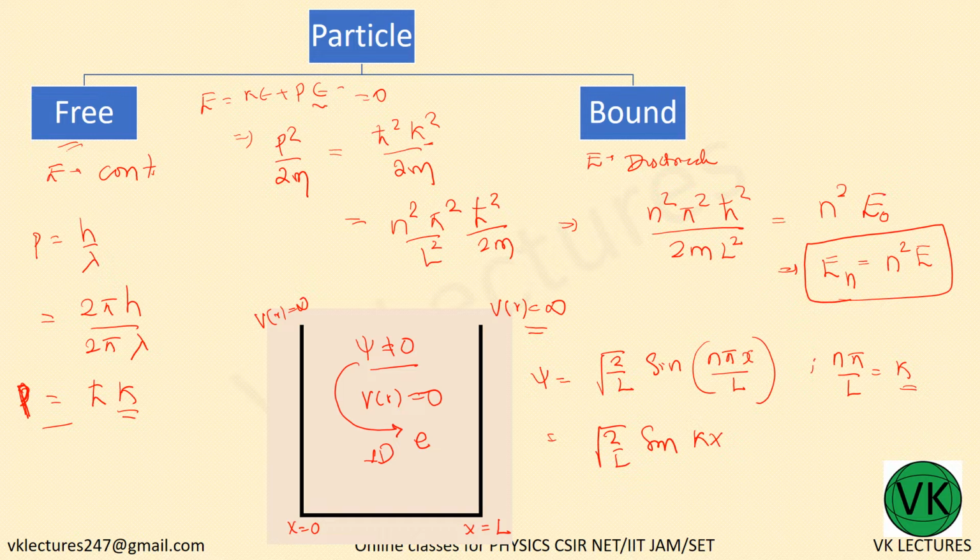So for n equal to 1, E1 is equal to E naught. For n equal to 2, E2 is equal to 4 E naught. For n equal to 3, 9 E naught. So now this becomes a discrete energy.